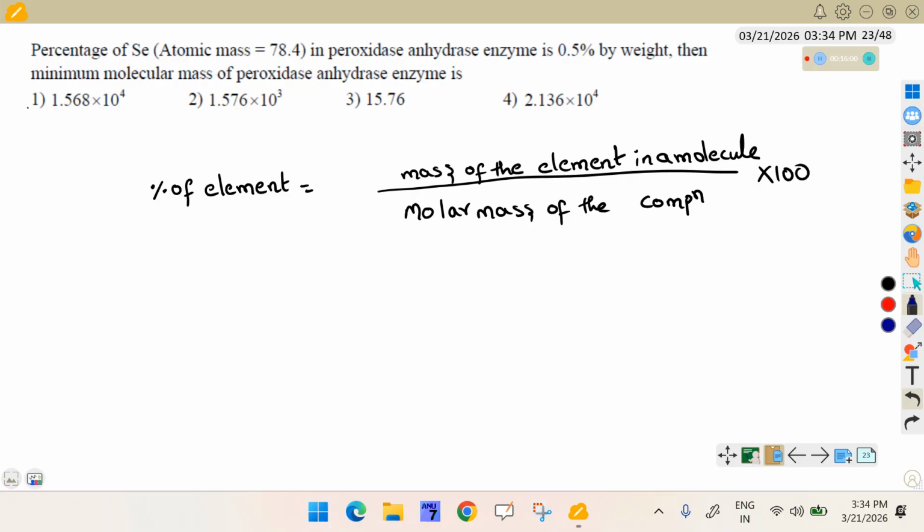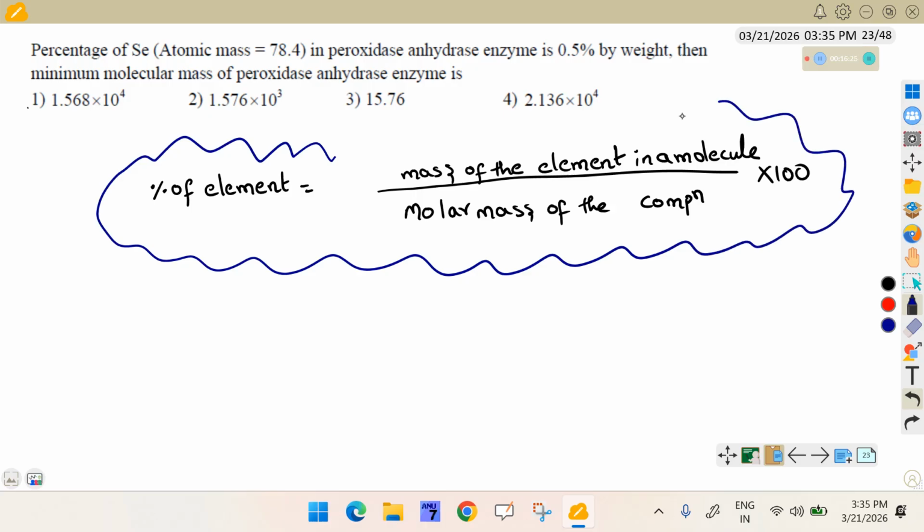Percentage of Se, atomic mass is also given. Peroxidase anhydrase enzyme is 0.5% by weight. Then find the minimum molecular mass of peroxidase anhydrase enzyme. Percentage of element is calculated by using the formula: mass of the element in a molecule divided by molar mass of the compound into 100.